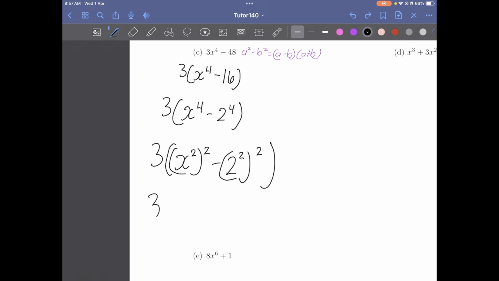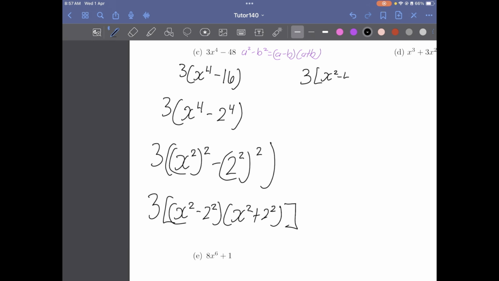Okay, 3 open bracket x squared minus 2 squared, x squared plus 2 squared. And we can simplify that some more. That's 3, x squared minus 4, x squared plus 4, right?